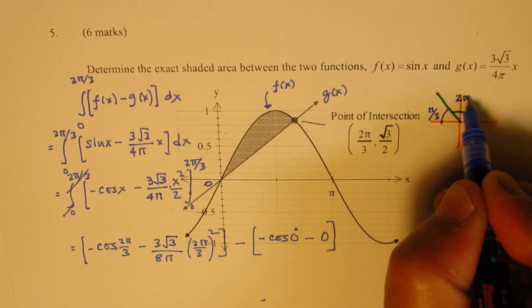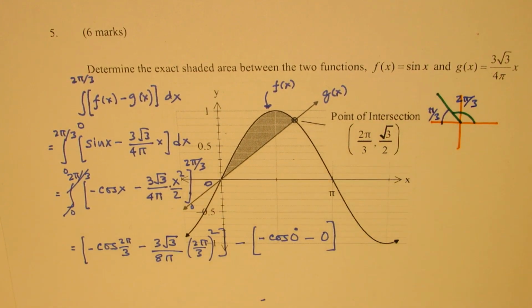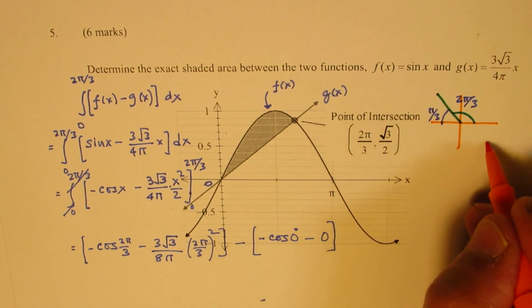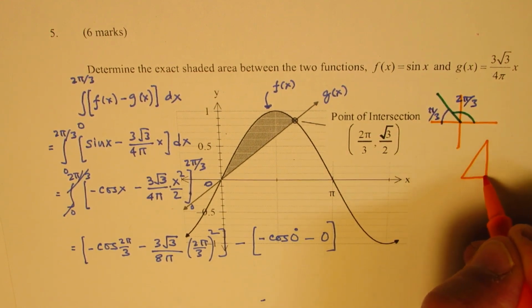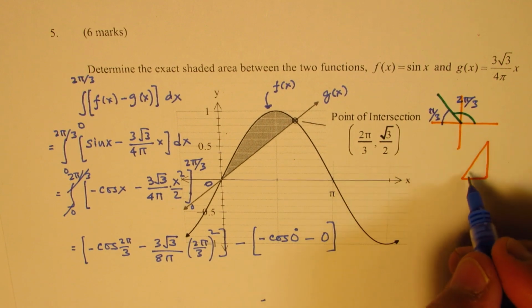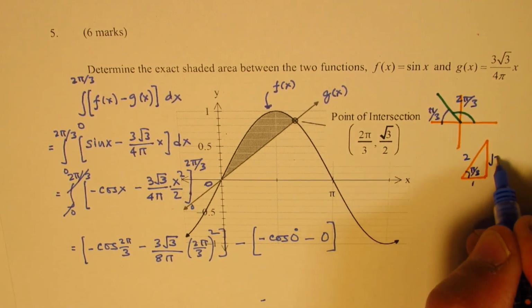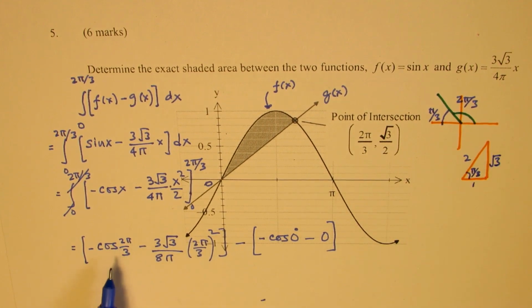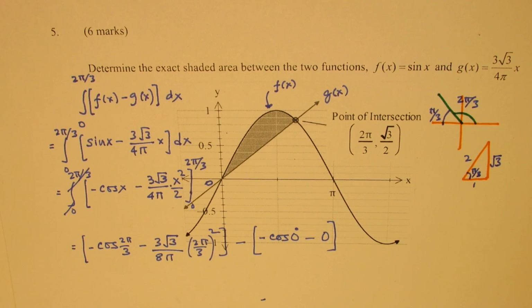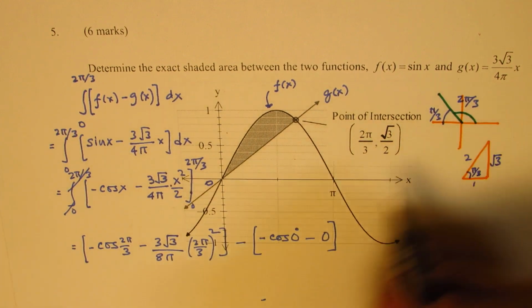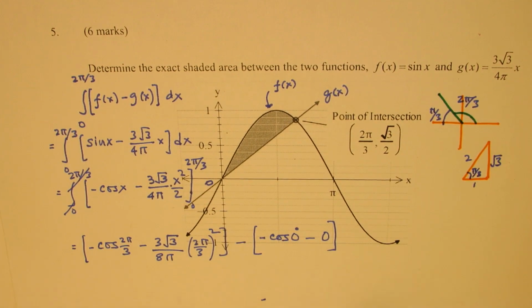So for pi by 3, if I sketch the triangle, then the cosine value for pi by 3 is 1 over 2, correct? So we could write this, and we are in quadrant 2, that means it is negative, perfect?